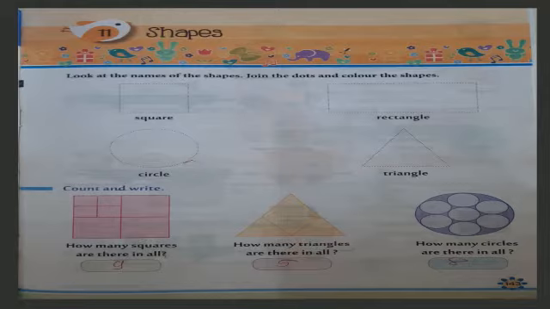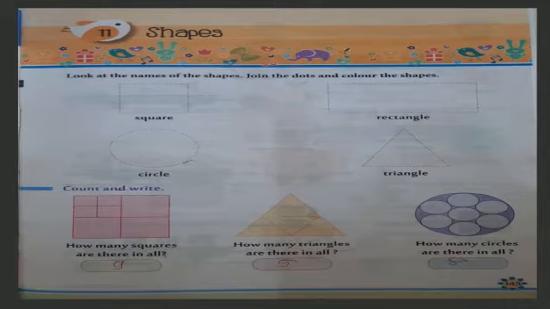Now look at the names of the shapes. First is square, second is rectangle, third one is a circle and fourth one is a triangle.